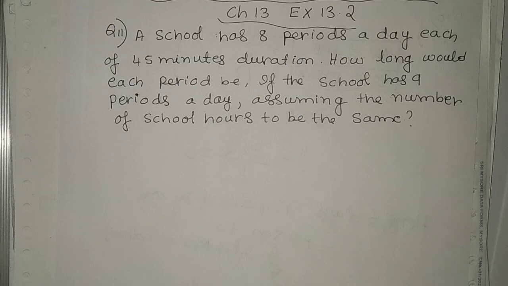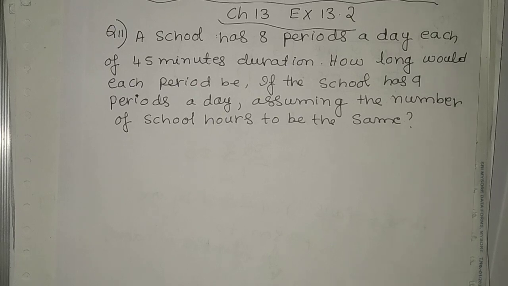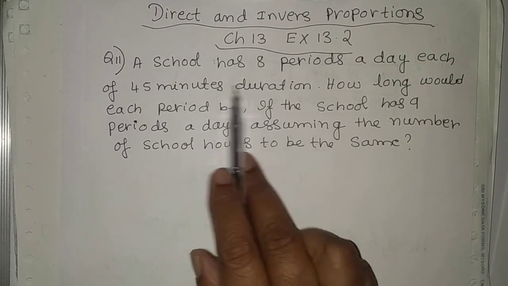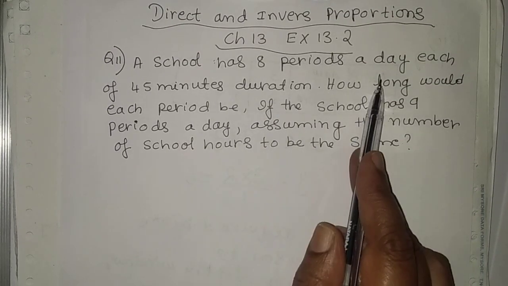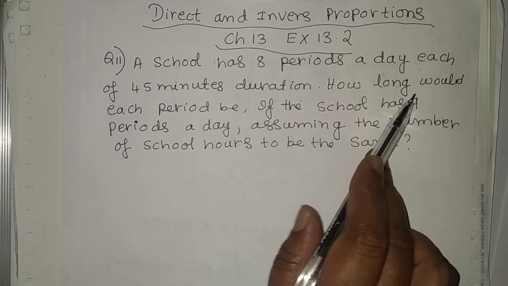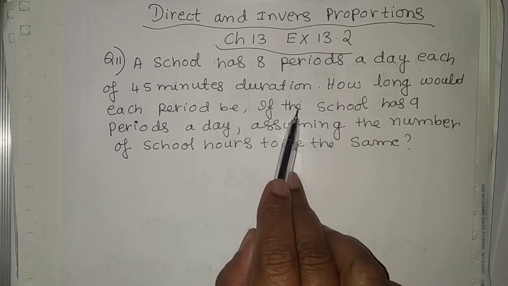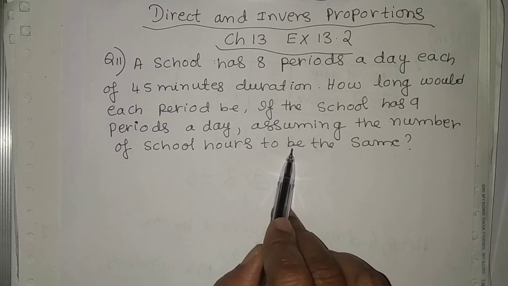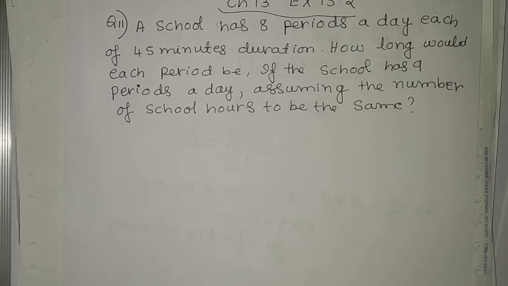So the 11th problem is given. Both cases of the 10th problem are inverse proportion. A school has 8 periods a day, each of 45 minutes duration. How long would each period be if the school has 9 periods a day, assuming the number of school hours to be the same?